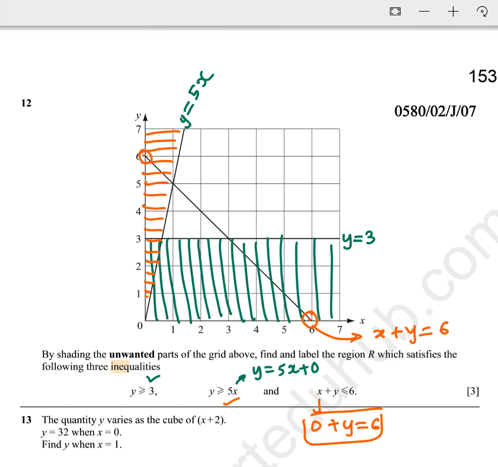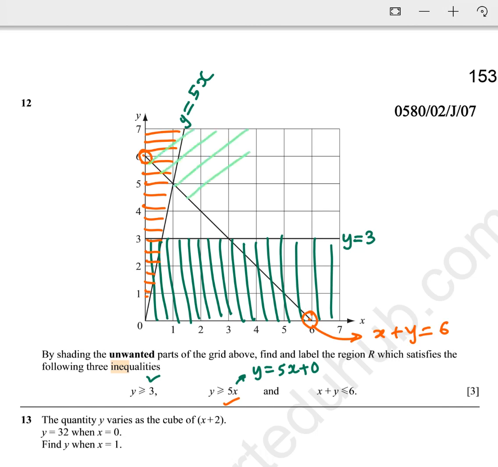There are a lot of ways of finding the equation, but there's no need to do it now, because obviously out of 3, if 2 are identified, the third one is obvious, right? So now our next job is to shade the last region. Here they are telling us to shade everything that is opposite of x plus y less than or equal to 6. So we are going to shade everything that is above the line x plus y equals 6.